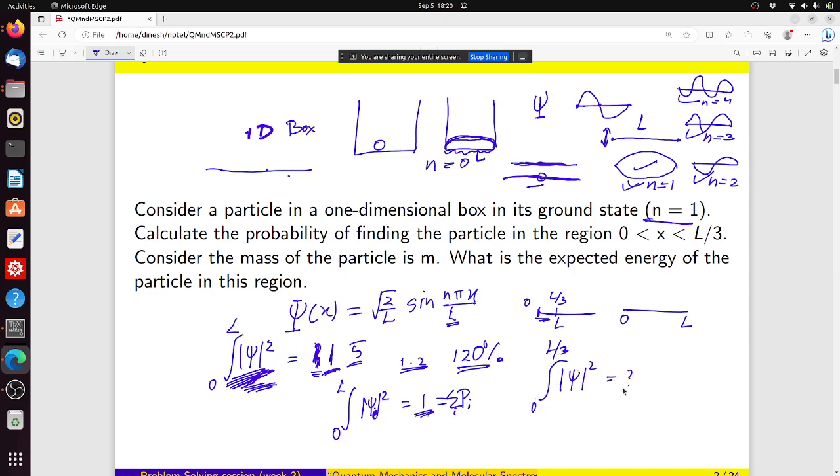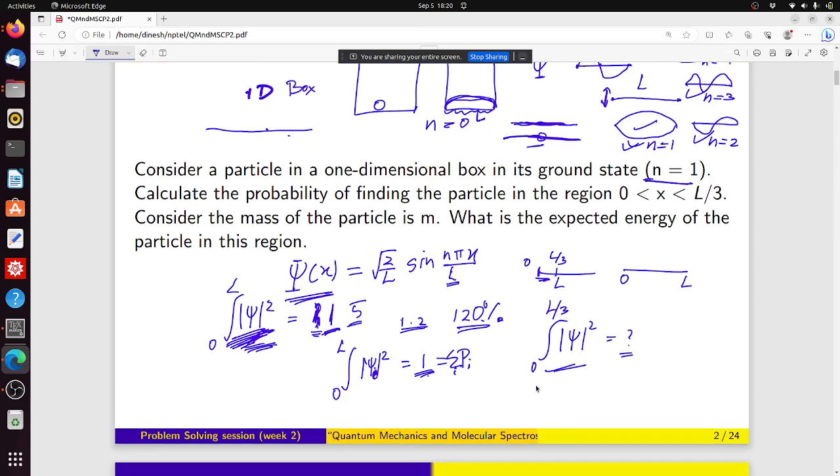Okay, so what will be the value of this? I have given you psi of x. You have to do the mod square and integrate it. I am giving you 5 minutes. Just try it and tell me the answer. You have to just square this wave function and integrate.